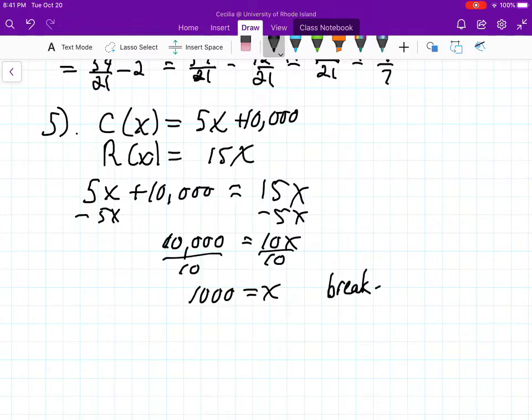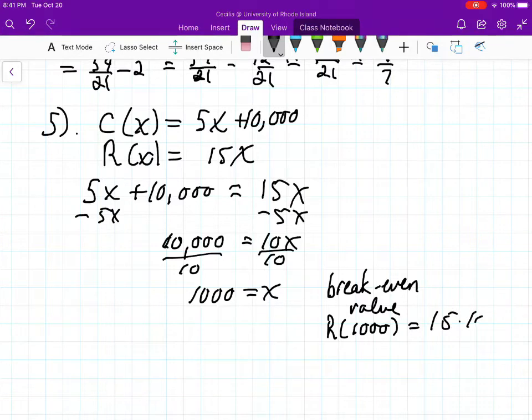So let's first identify this and write down that this is the break-even quantity, or the value. So let's put in now R of 1,000, and we'll get that that's 15 times 1,000, or 15,000.